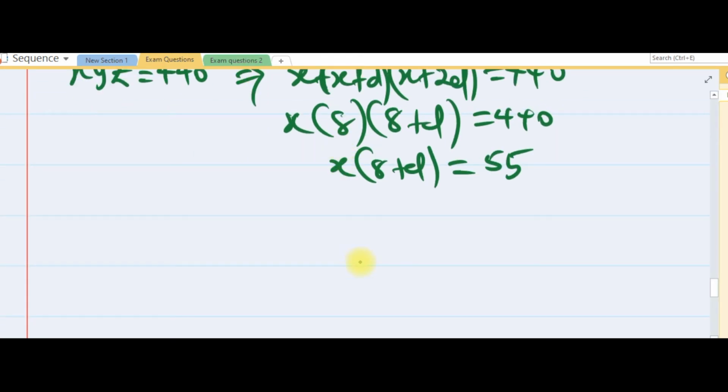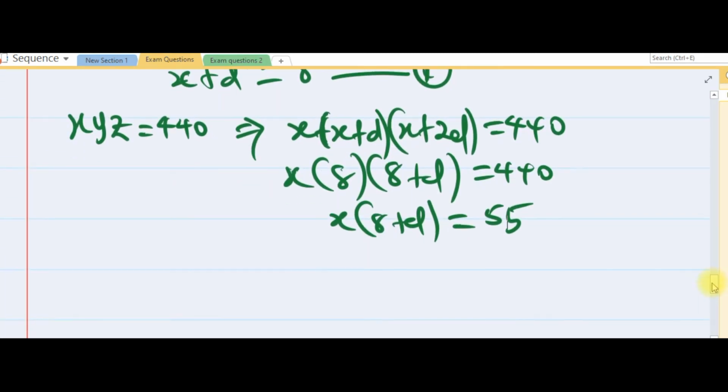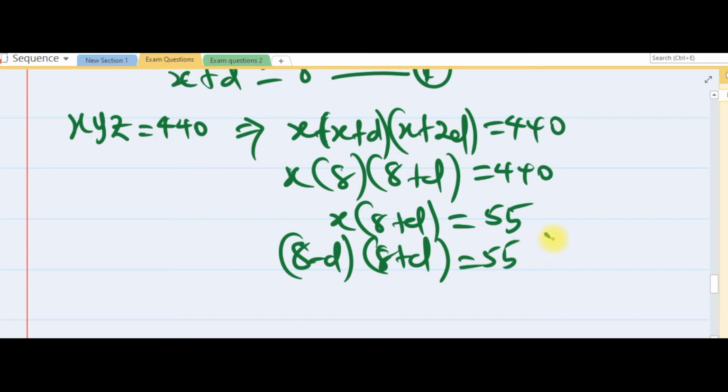So again, from equation 1, x plus d is 8, so meaning x is 8 minus d, so I substitute x as 8 minus d. (8 minus d)(8 plus d) equals 55, because x plus d is 8 from equation 1.